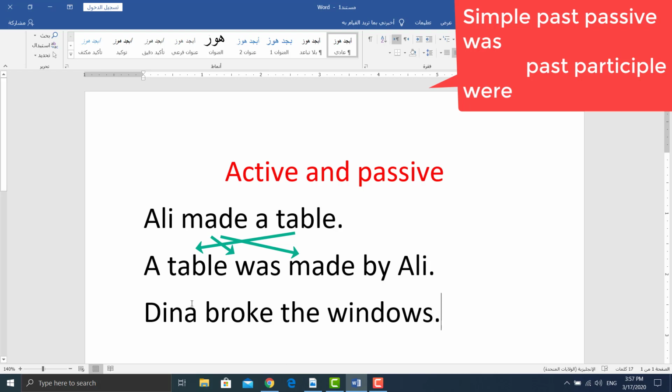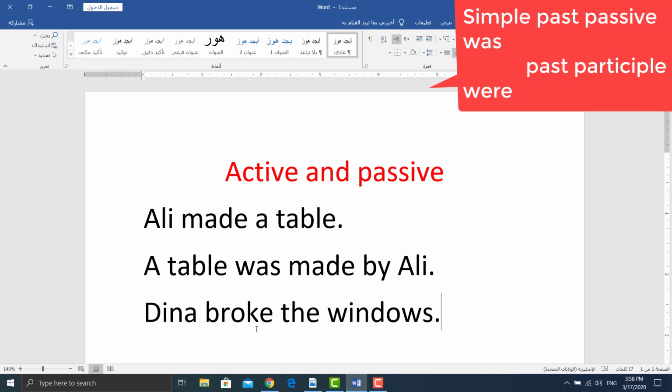Why? Because it starts with a subject followed by a verb followed by the object. And what's the tense? In order to determine the tense of any sentence, look at the main verb. Yes, broke here. This is the second form, so this is past.